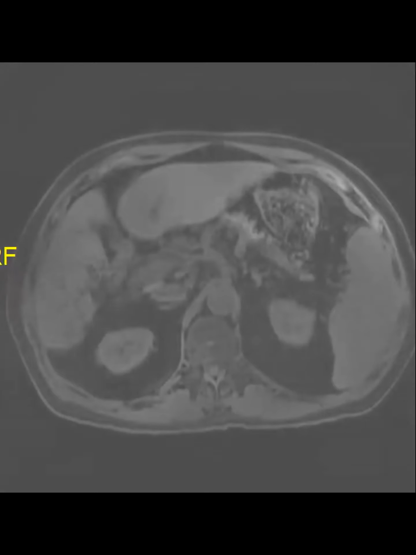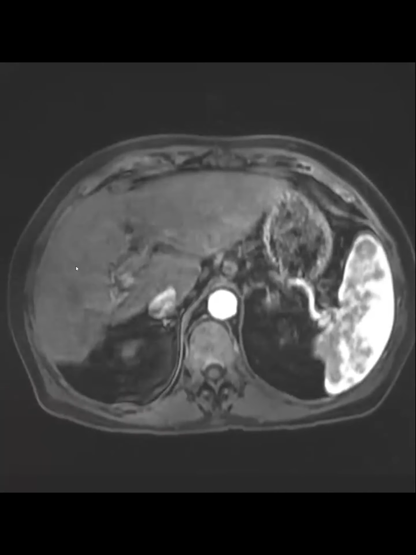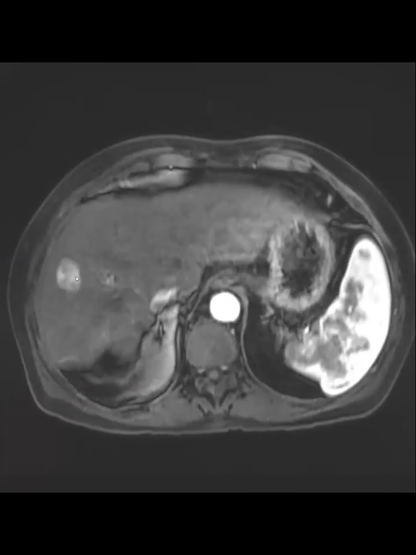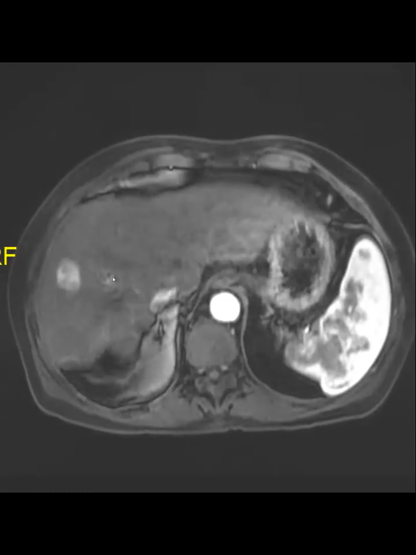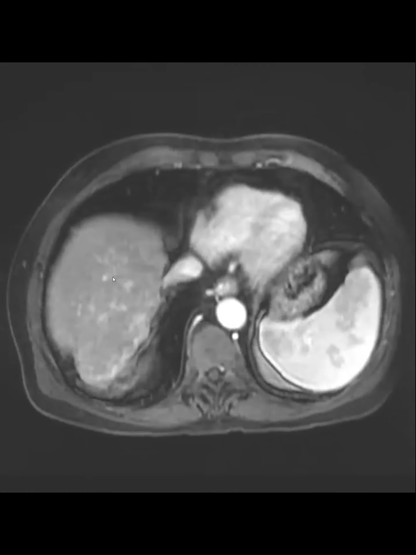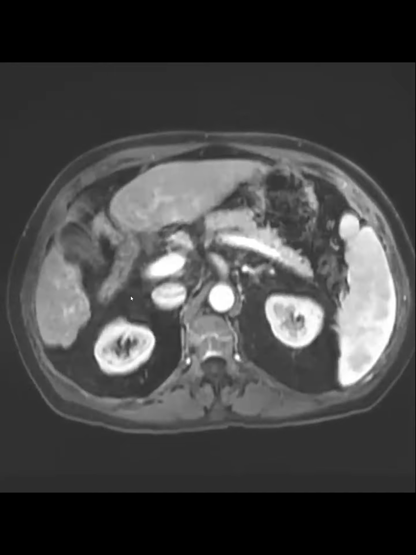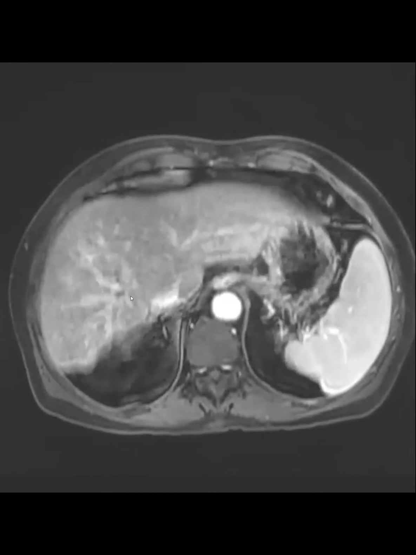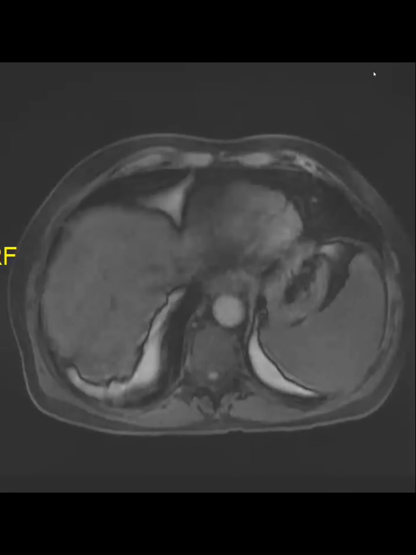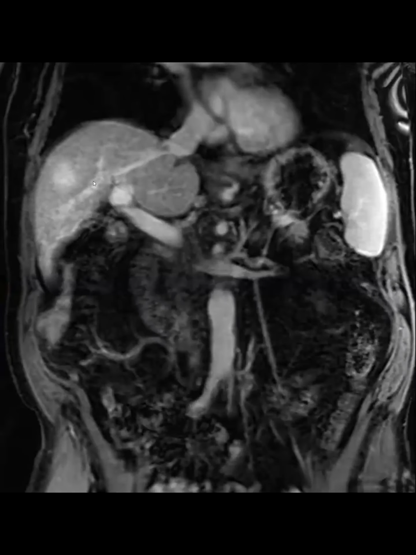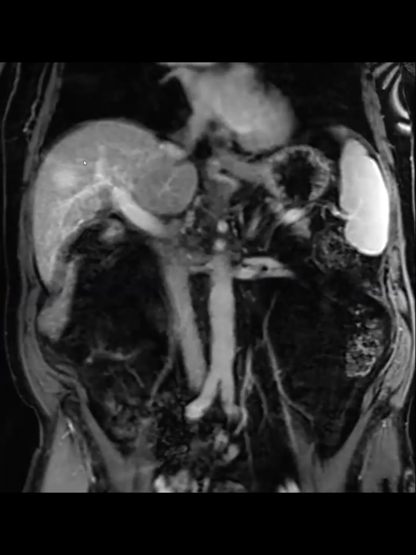Here you can see the patient has cirrhosis, and here's the arterial phase. Here the tumor looks mostly heterogeneous, but here it doesn't at all look like a rim. And then as you go down, it becomes iso to the liver. It doesn't really wash out at any point. You can see that on the very delayed images, it retains contrast.